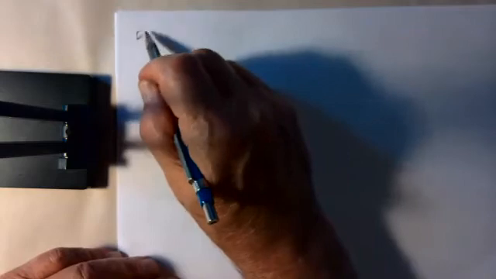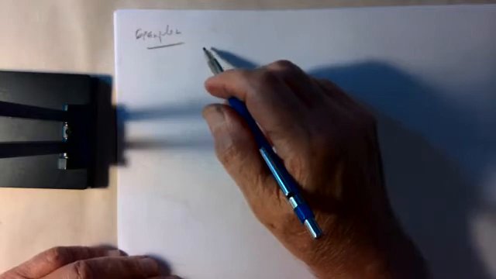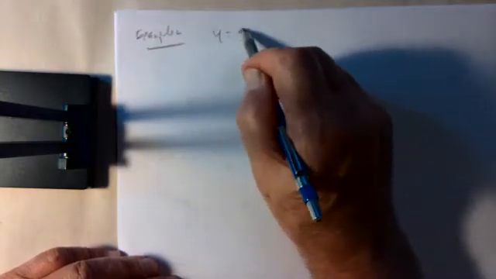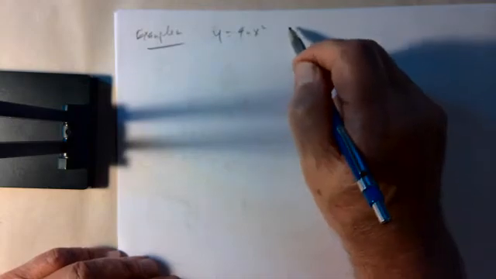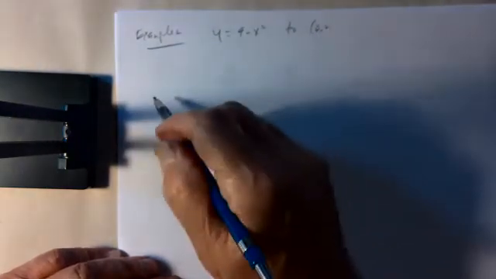Example 2 in the text is to find the minimum distance from a point on the parabola y equals 4 minus x squared to the point on the y-axis (0, 2).